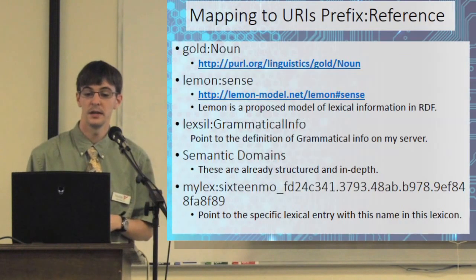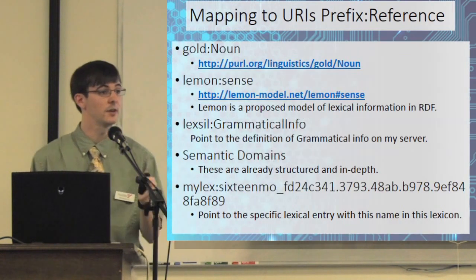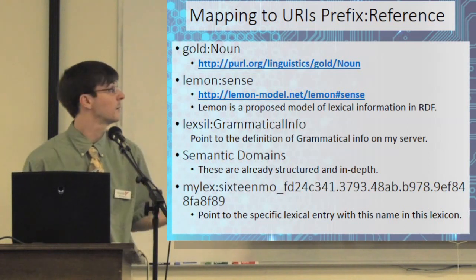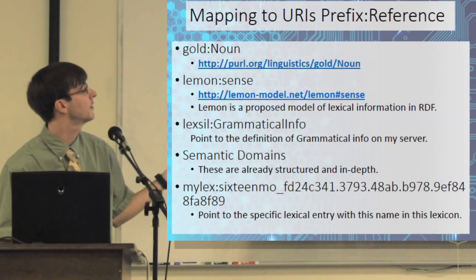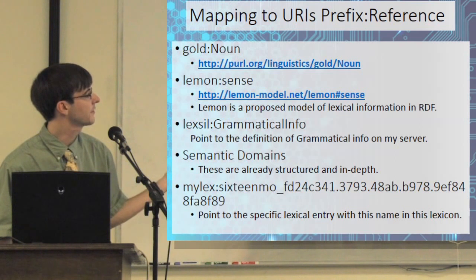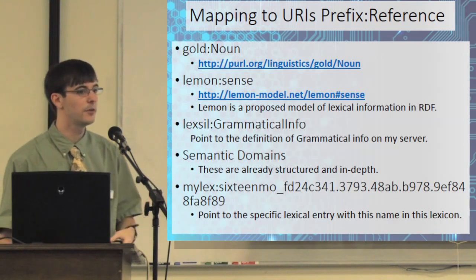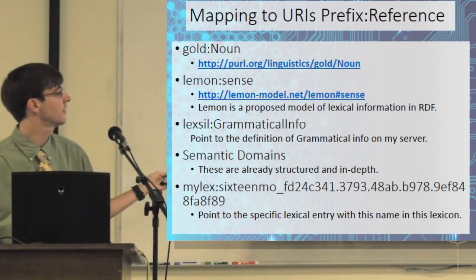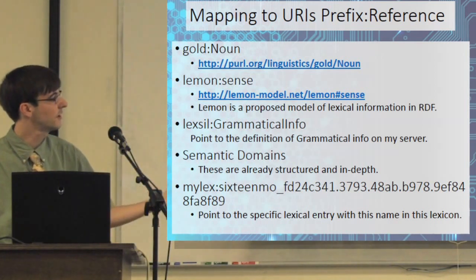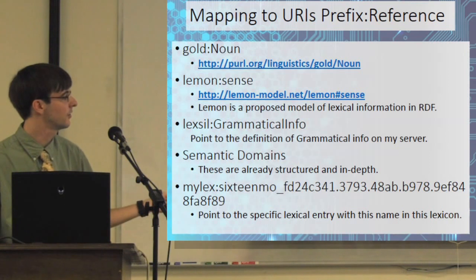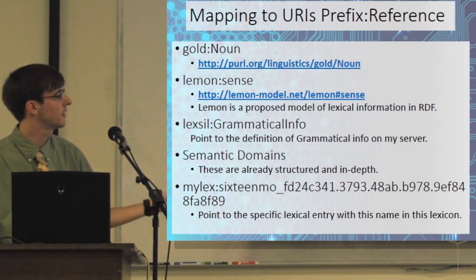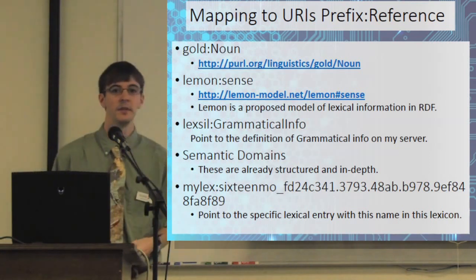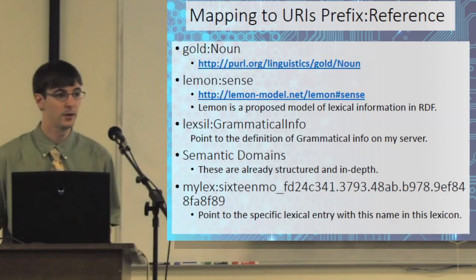And I told you I'd already done as much of the mapping as I could. So I mapped to GOLD, I mapped to Lemon, which is the structure. I created Lexical, which is all the structural information that was not already in Lemon. I linked to semantic domains, and every entry has to have its unique identifier. So I generated a code, and just to make it human readable, I put the lexeme at the front of the list.